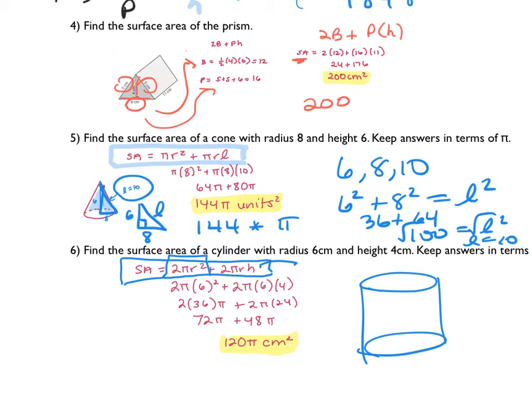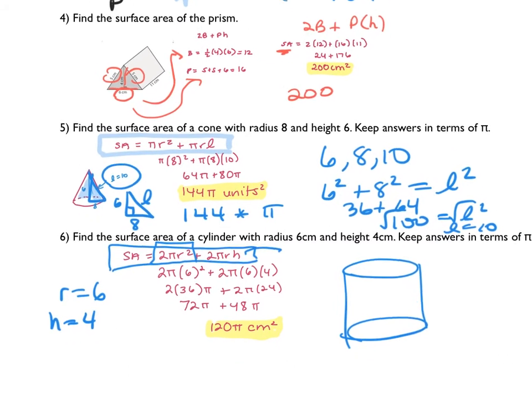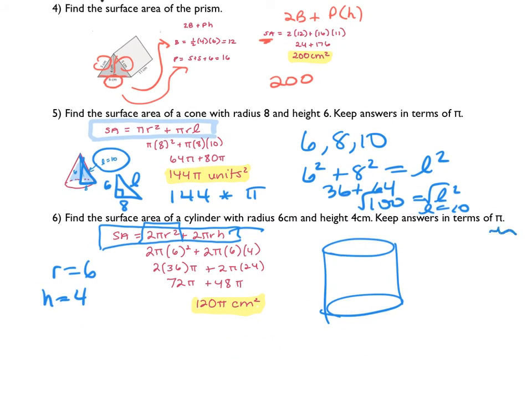So you just plug in what's given to you. They gave us the radius. They gave us the height. So then just plug it in and then multiply it. It said to leave it in terms of pi, so we multiplied everything except for pi. Notice both of these have a pi in it, so this is why we could add 72 and 48.